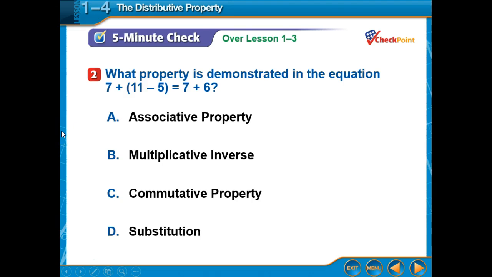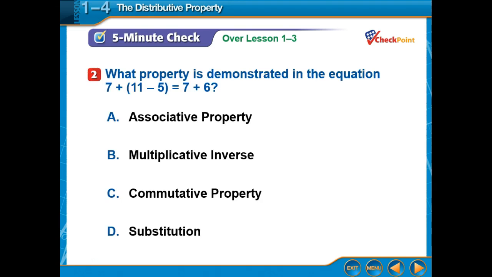What property is demonstrated in the equation shown here? 7 plus, parentheses 11 minus 5, equals 7 plus 6. This property is simply substitution because we are substituting 6 for the quantity 11 minus 5.